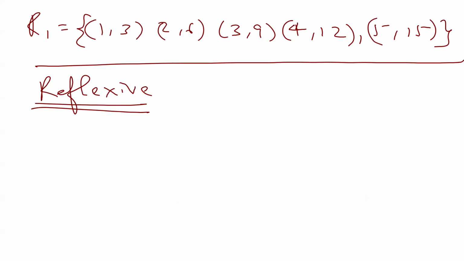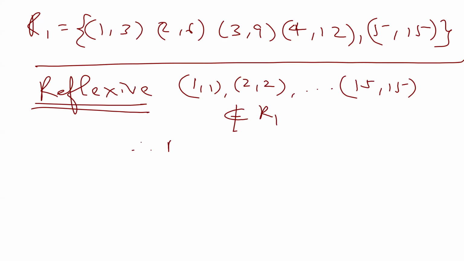Everything should be there in R1, but unfortunately it is not there. So (1, 1), (2, 2) up to (15, 15) do not belong to R1. Therefore, not reflexive. I hope you got the point.